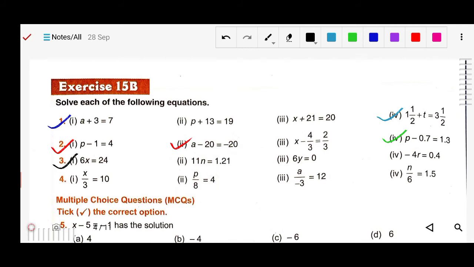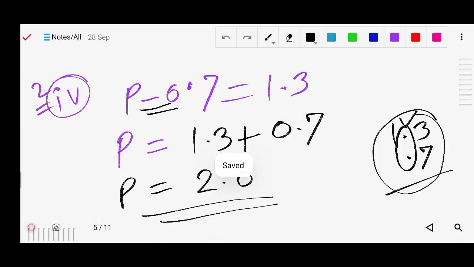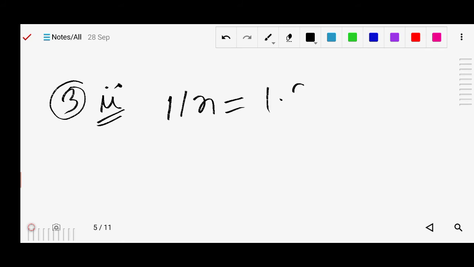Here I am going to solve 11n equals 1.21. That is 11n equals 1.21.